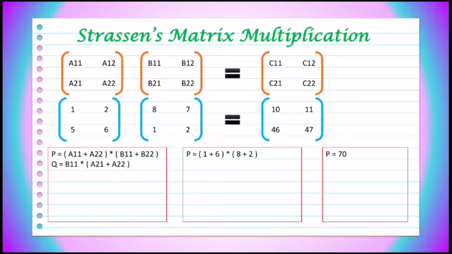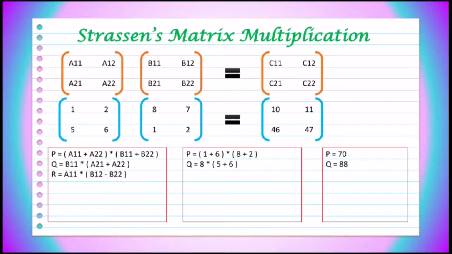Now we will calculate the value of Q. So this is the formula. So here also first we will calculate A21 plus A22, and that result will be multiplied with B11. So we will replace the values. So 5 plus 6 is what? 11, and 11 into 8 is what? 88. So the Q value will be 88.